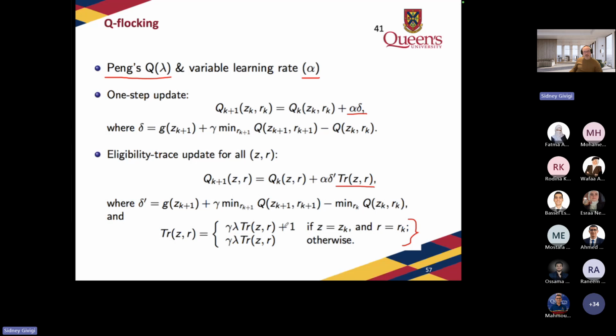So this is +1 if this action here is the same one as we chose, otherwise I put a 0 here and I just create a decay, right? So that's the difference between these two here, okay?